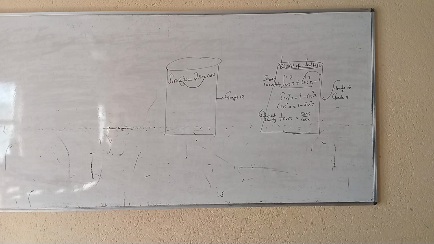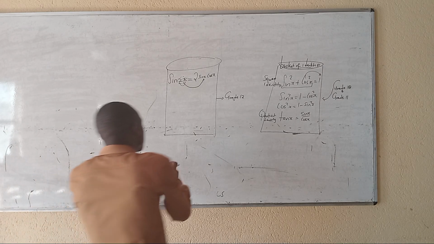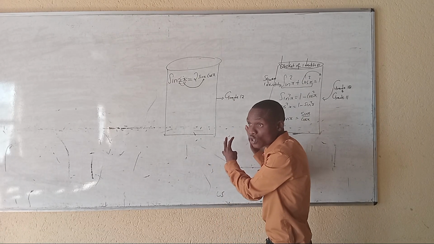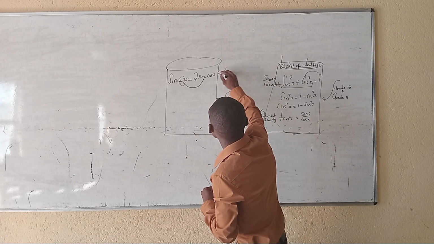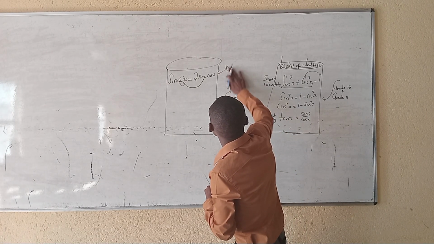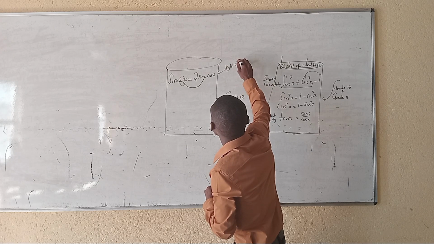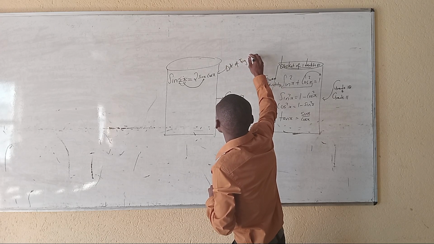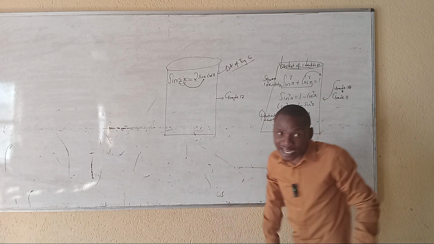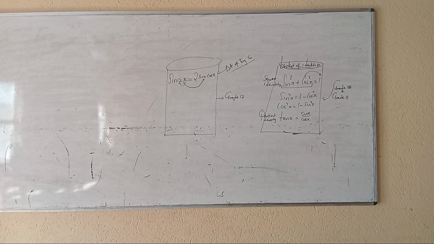These are the identities. What is on the left is equivalent to what is on the right. So this is the double angle identity of the trig ratio sine.